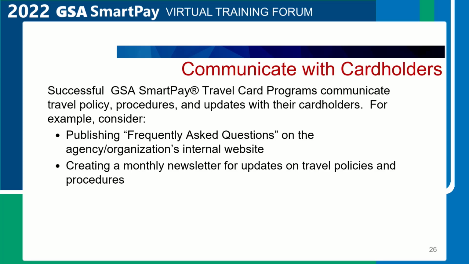Some agencies have frequently asked questions on their website or hold meetings with their cardholders. Orientation sessions or trainings on how to fill out a proper travel claim or voucher are other ways to help your cardholders. Whatever avenue you choose, it's just important for your cardholders to know where to go to get that information or who to contact when they do have questions.